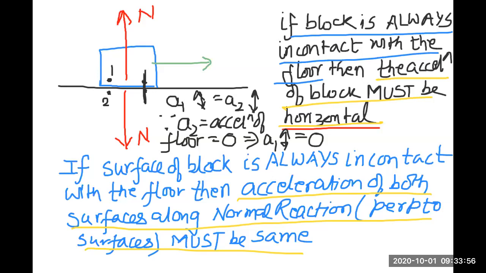Or, with the vertical accelerations of point 1 and point 2 being different, the block will go inside the floor, which is also something which is not allowed, right?